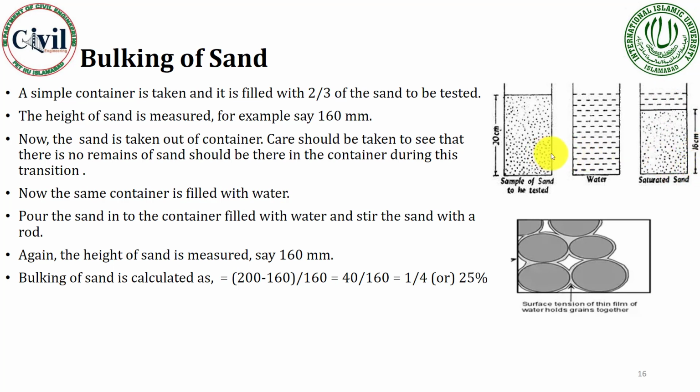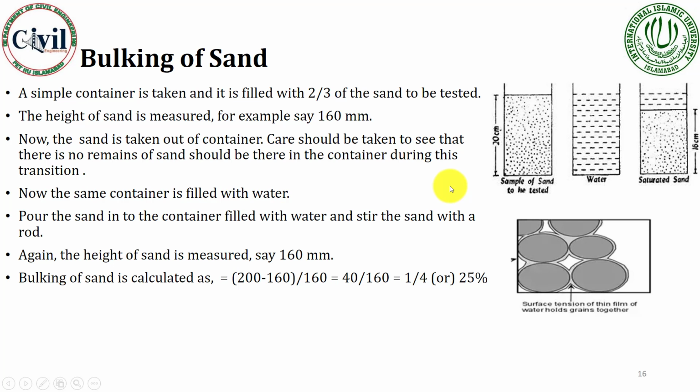The decrease in the sand volume is the bulking. If you check the percentage change in volume with respect to the original, you can calculate it as 20 minus 16 divided by 16. So here, 25% bulking of sand occurred.